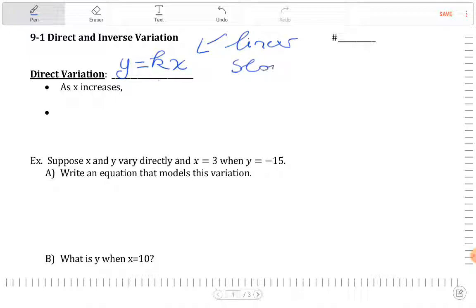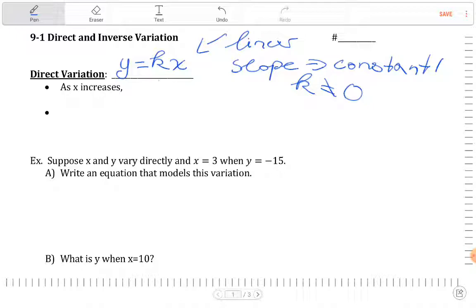So k is your slope. And what we know about a line and a slope is that the slope is always constant. Very important to remember. We also need to remember that to have a relationship, k cannot be equal to 0.